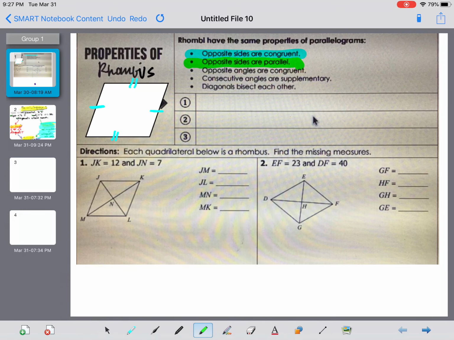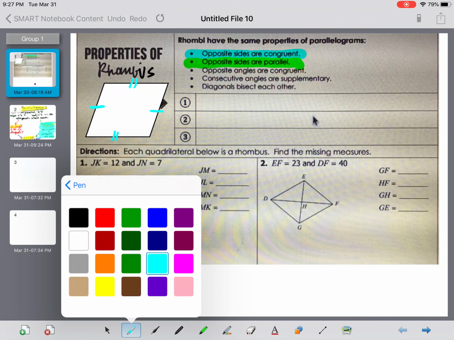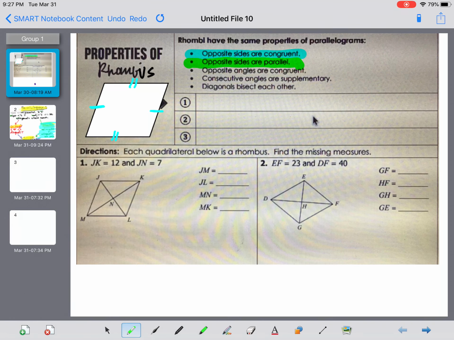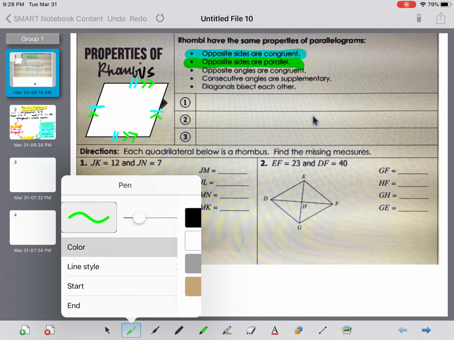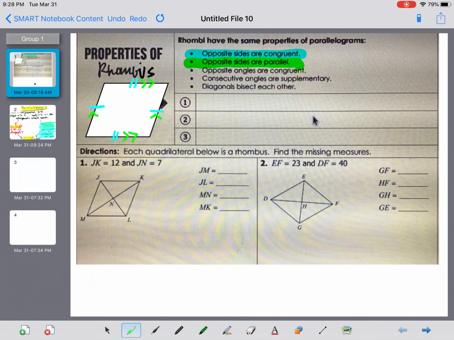And opposite sides are parallel, and the math symbols for that are those little arrows on the lines. So this side is parallel to that side, and this side is parallel to that side. And that's what gives us those zigzag angles in the middle that are congruent, and we'll talk about that in a second.